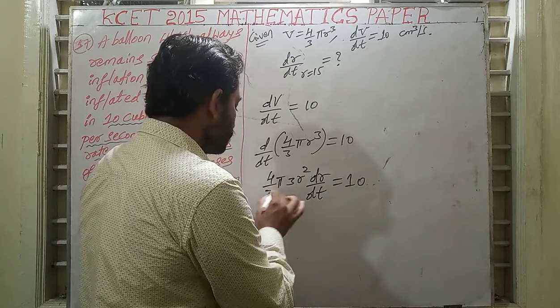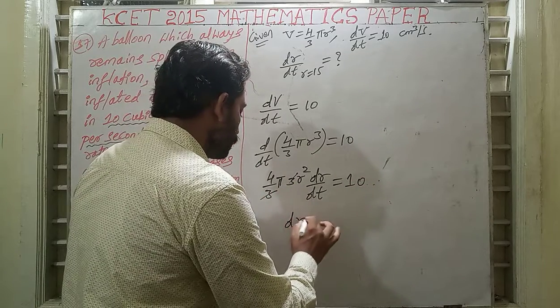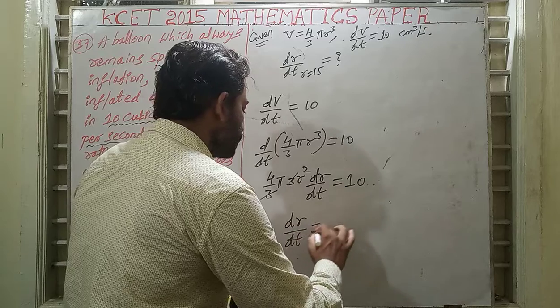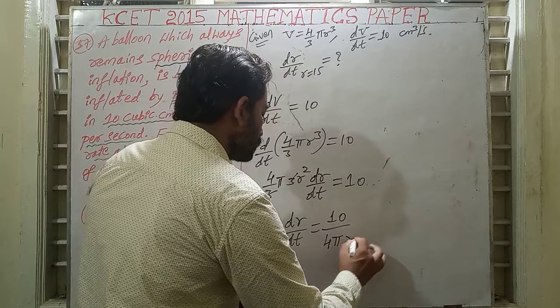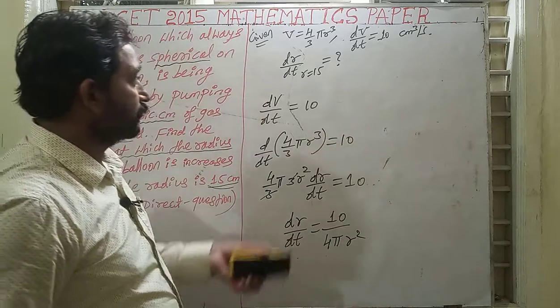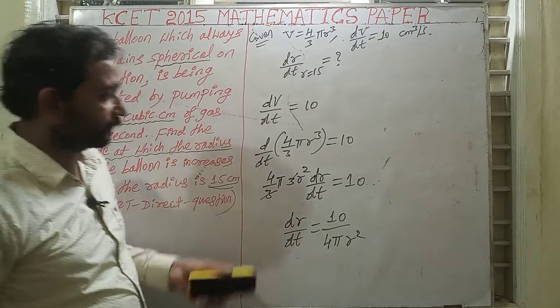Now here the 3 gets cancelled, and dr by dt is equal to 10 divided by 4 pi r squared. It is not the answer because we have to find dr by dt at r equal to 15.